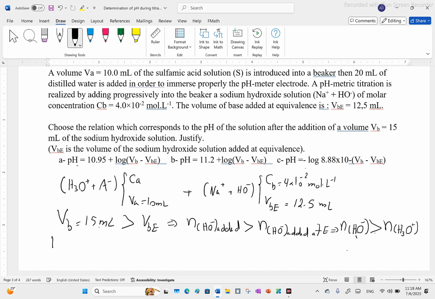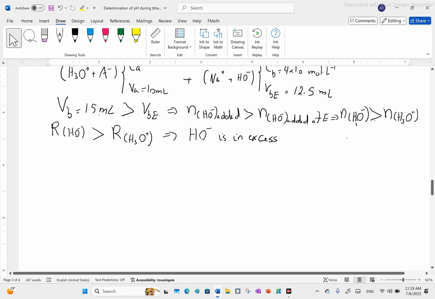And therefore the ratio of HO⁻, which is the number of moles of HO⁻ over 1, is greater than the ratio of H3O⁺, which is the number of moles of H3O⁺ introduced over 1. That means HO⁻ is in excess. Then the medium is basic.